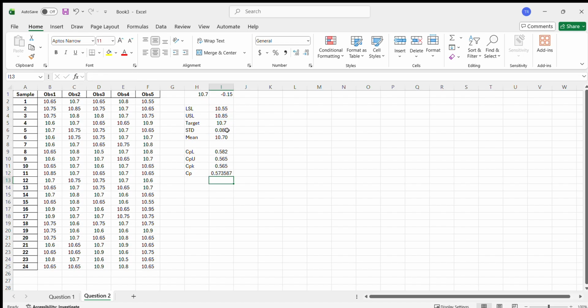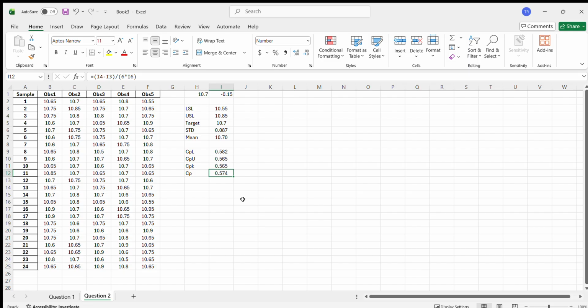And there we go. You can see that it is just a little bit higher than your CPK, but within the range of CPL and CPU.